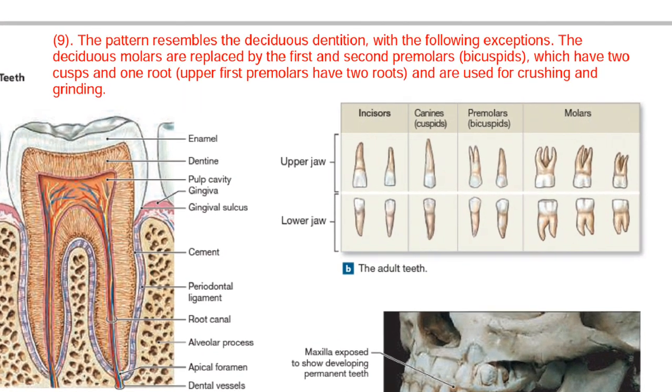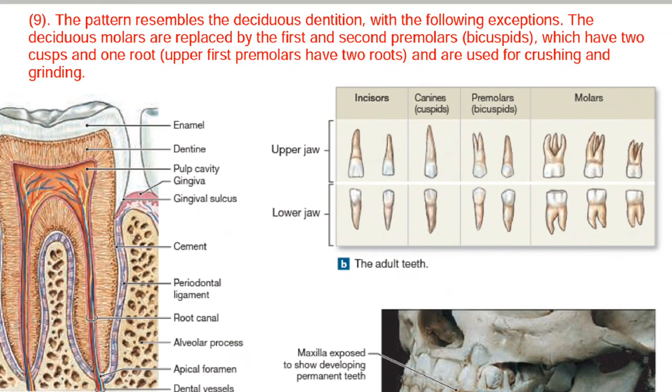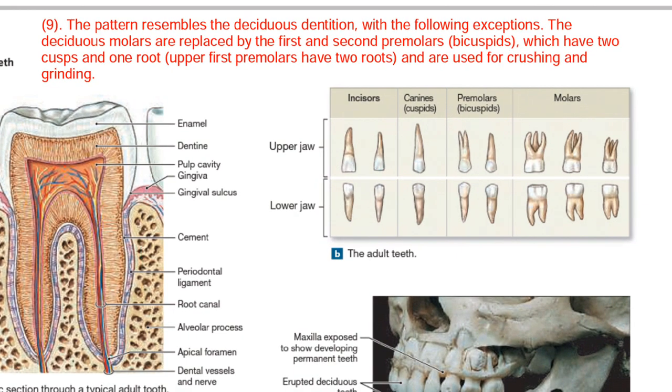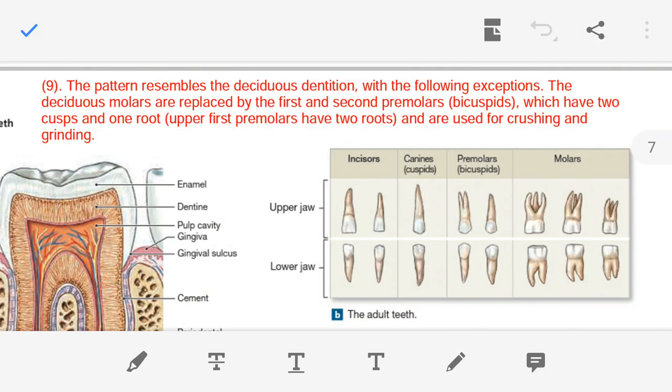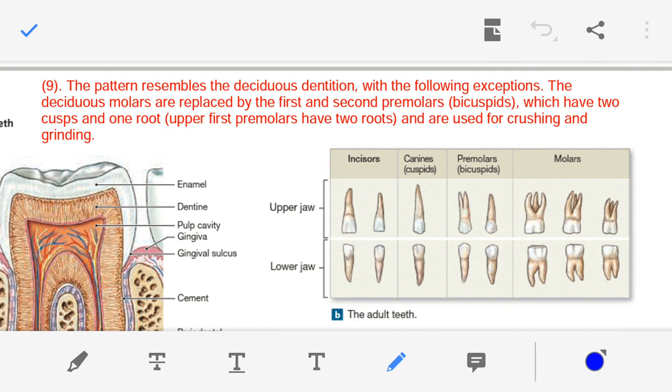Now what is the difference between the deciduous dentition and the permanent dentition? In this point we are discussing the difference between the deciduous set and the permanent set.